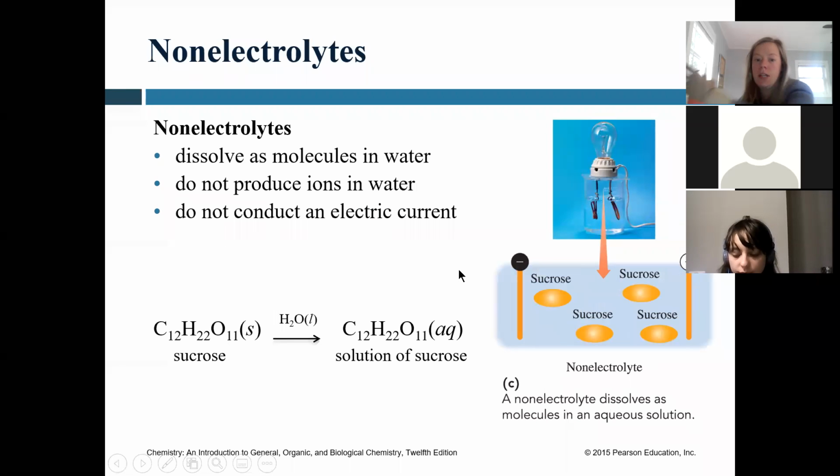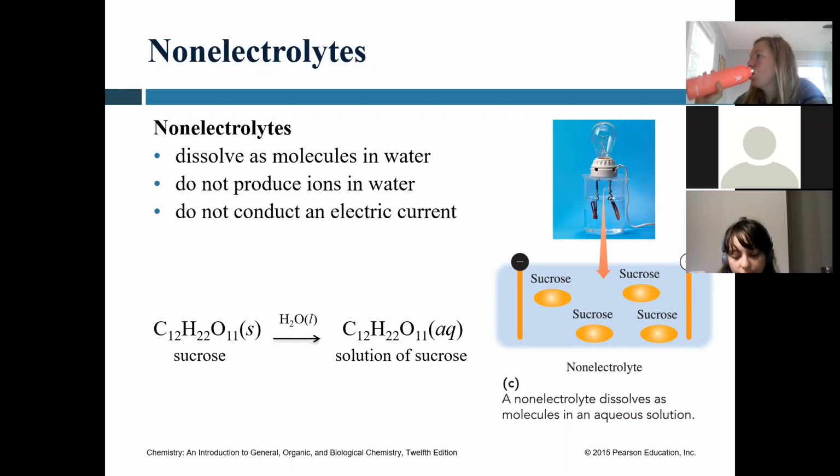Then we have non-electrolyte solutions. Sugar is an example of a non-electrolyte solution. The sugar is dissolving in the water, but it doesn't break the molecules of sugar up. They still stay little, like sugar packet molecules. We just change its phase. Here's sucrose, or sugar, in solid form.